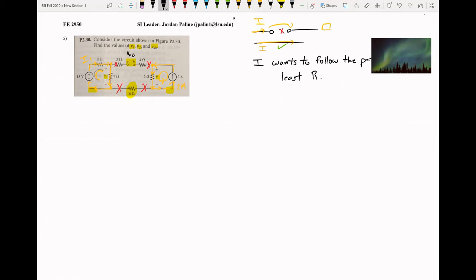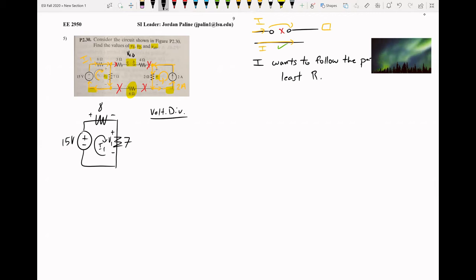Okay, so we'll look at the left half first. If we were to draw it out like this, 8 ohms, 7 ohms, this will be I1, and this was V1 right there, plus minus, and then 15 volts. If we want to find V1, we can do a voltage division.